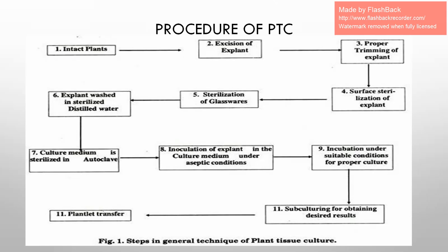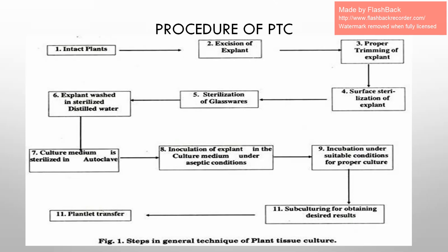We require 25 degrees Celsius temperature, 2000 lux light intensity, 16 by 8 photoperiod, and 60% relative humidity. These are the parameters which we require to grow plants in vitro.